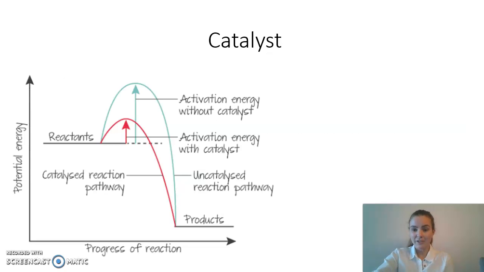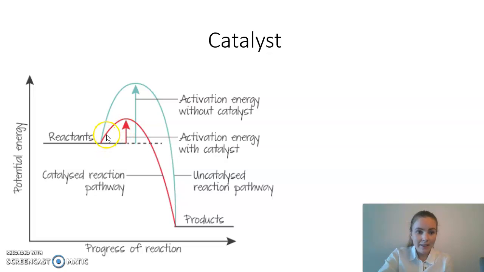So if we take a look at this graph we had for the activation energy, this is the one we're having without the catalyst. We see it's the same activation energy, and on the top here, the transition state. If we have a catalyst, the activation energy will be lower.